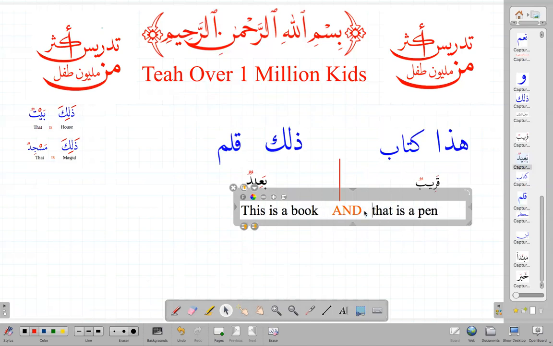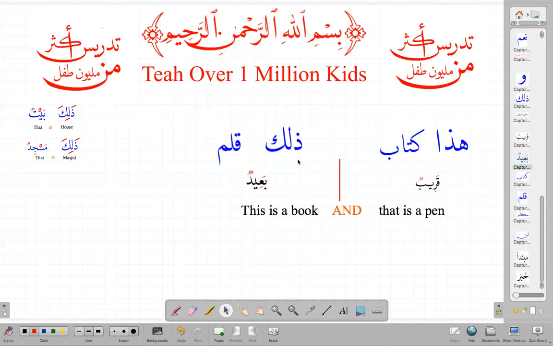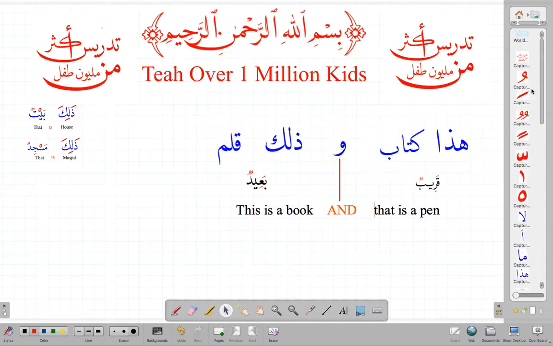Who can tell me what is and? I give you 2 seconds to find and. This is a book. And that is a pen. And will be replaced by wa, for the vowel. And means wa. هذا كتاب وذلك قلم.